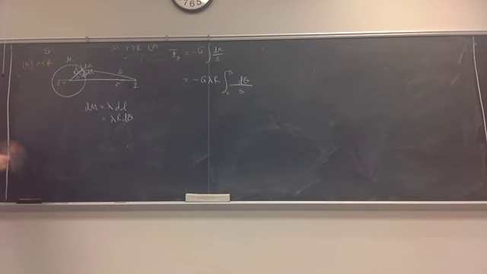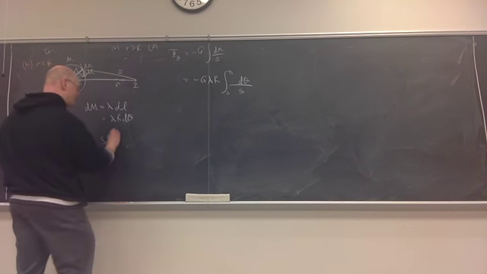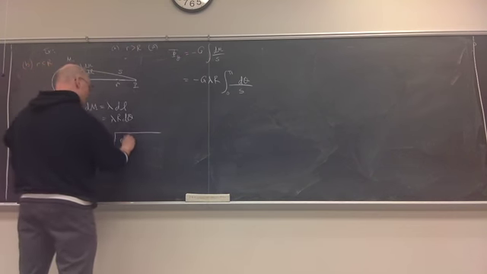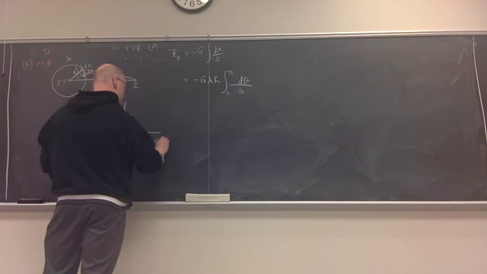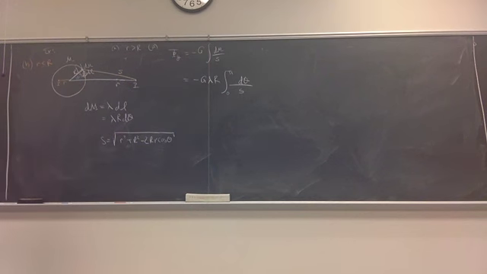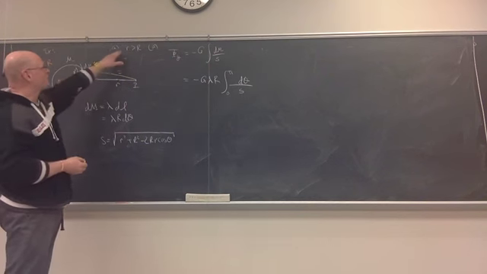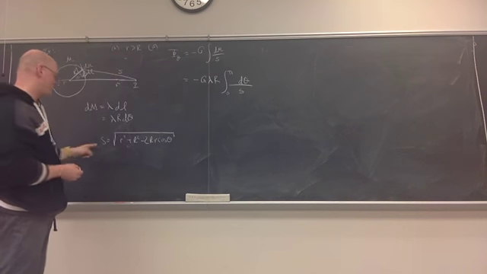Now s is not independent of theta, as we saw from the last problem. Using exactly what we did in the last problem, s is the same thing as the square root of r squared plus capital R squared minus 2 little r capital R times cosine of theta. In this region, we know that capital R is greater than little r, which means we're going to pull out a capital R from here.